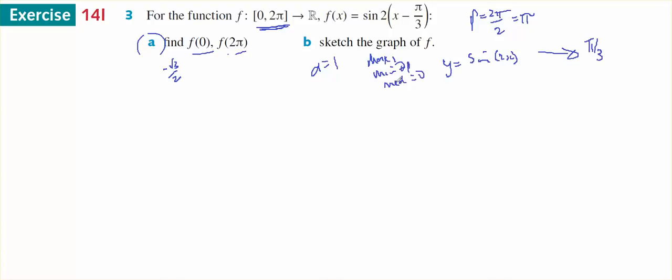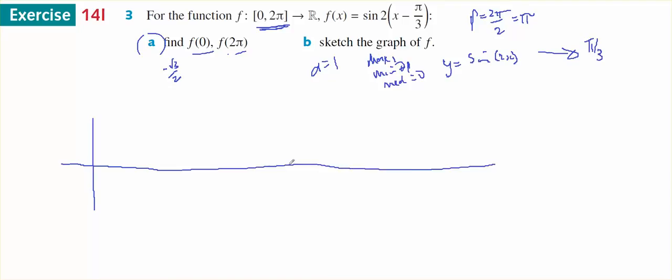So I'll put in, so I'm going to make that 2π, and I'll make that π, and I'll put in a guiding line which will give me my 1 value, and a guiding line will give me my negative 1 value.